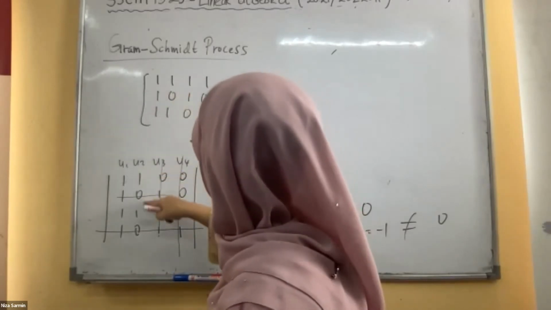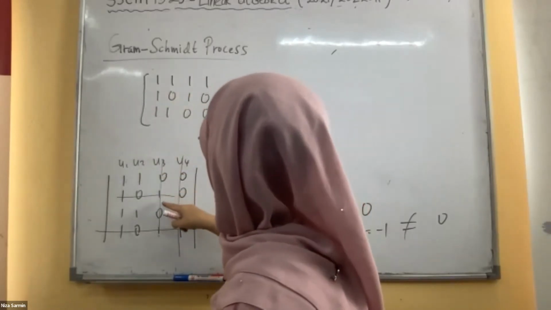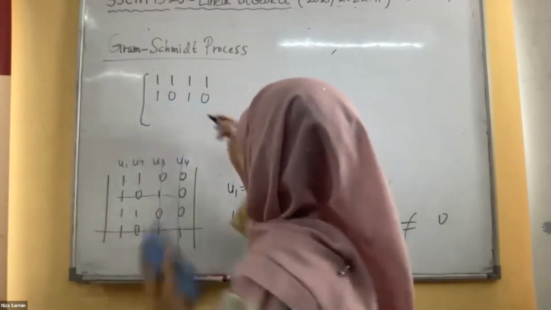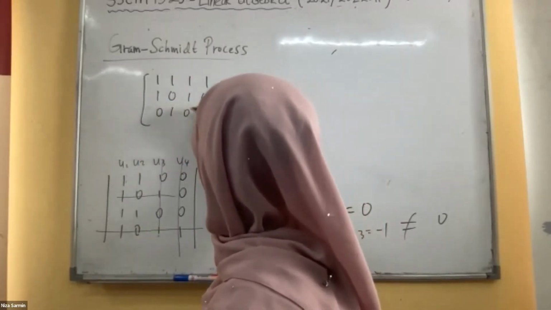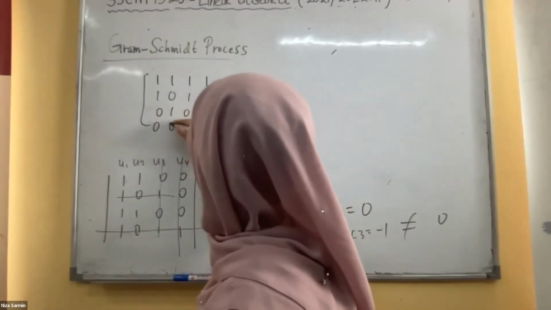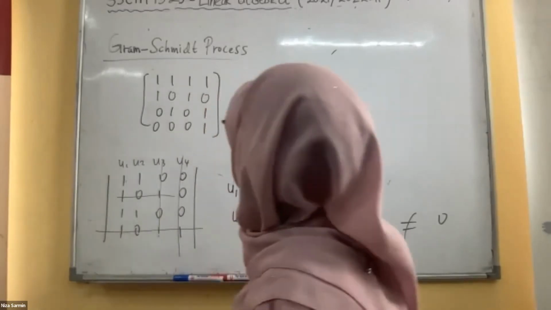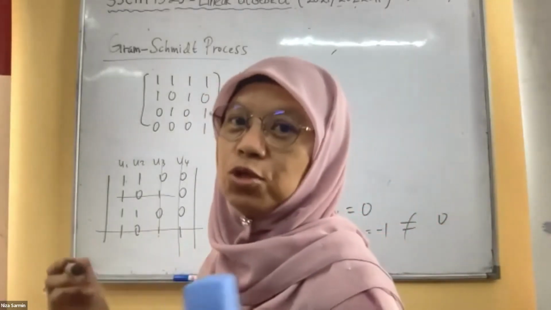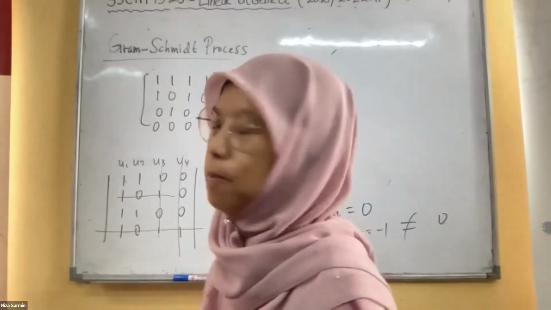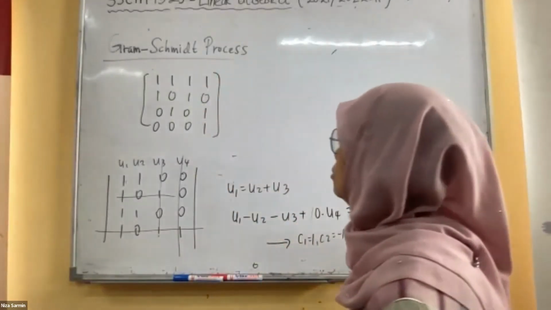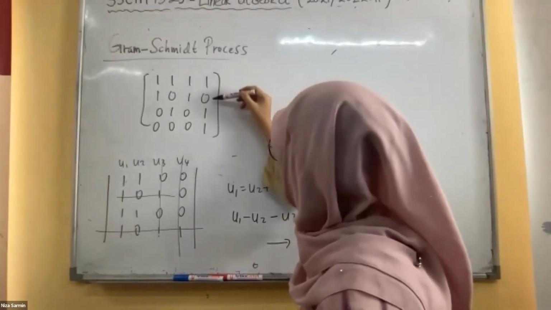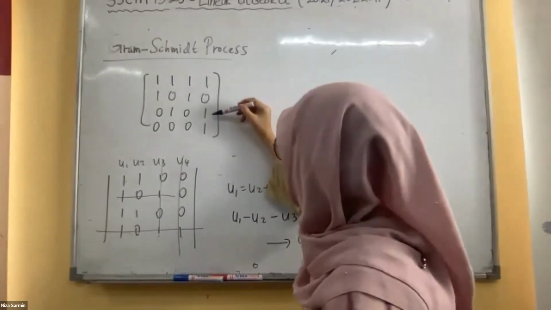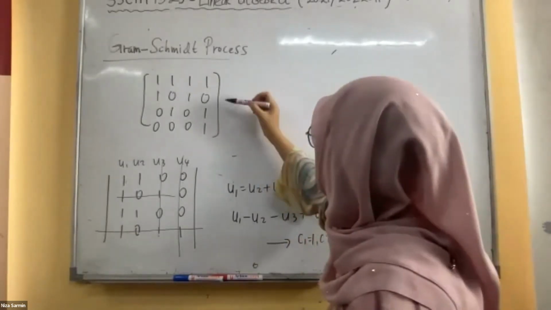1, 1, 1, 1, 1, 0, 1. Sama je kan? Oh tak. 0, 1, 0, 1, 0, 0, 0, 1. I write as row. Then I will choose the row which is not 0. Okay, so this is the first, the second, the third, the last one.